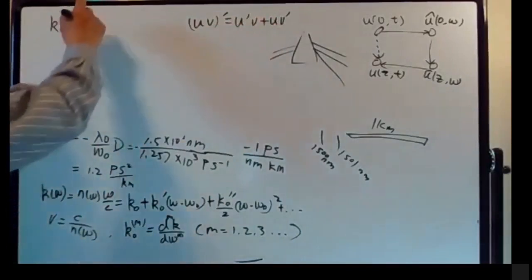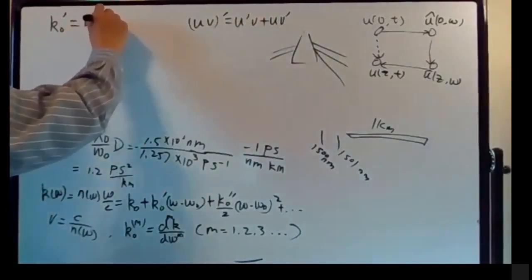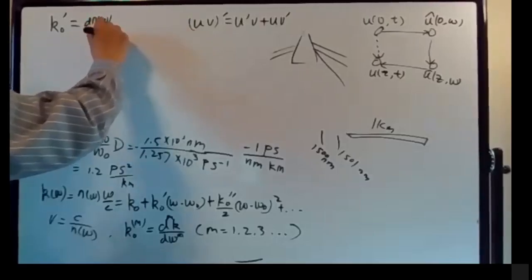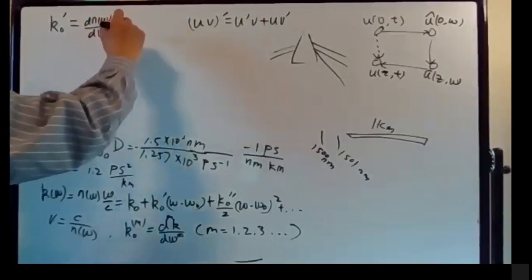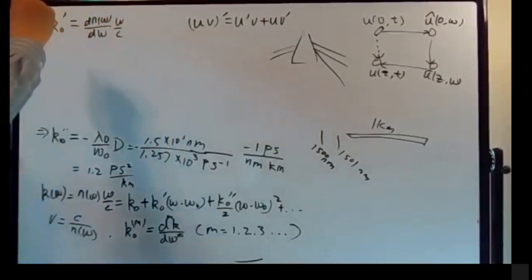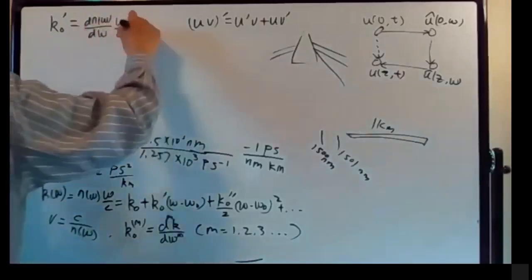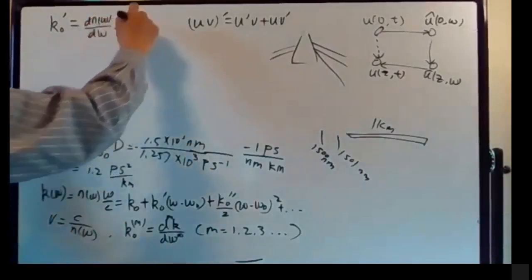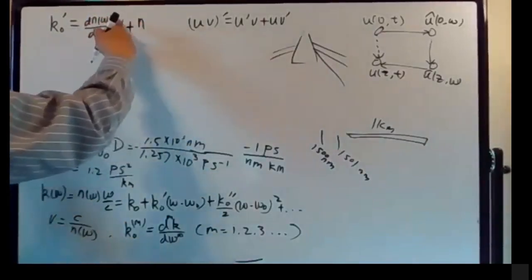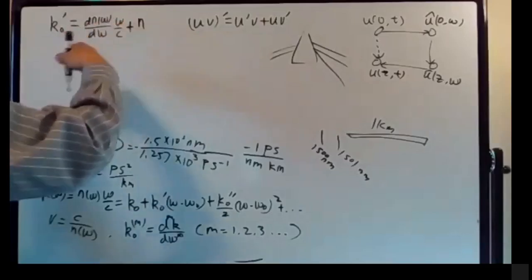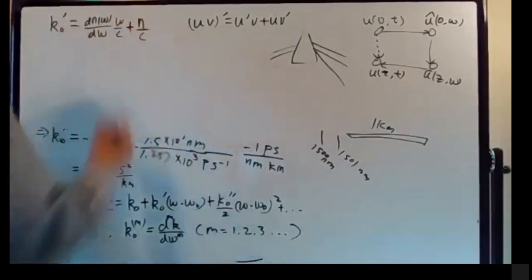So it's dn omega d omega over c, and then plus n times the omega derivative, which is just 1, over c.